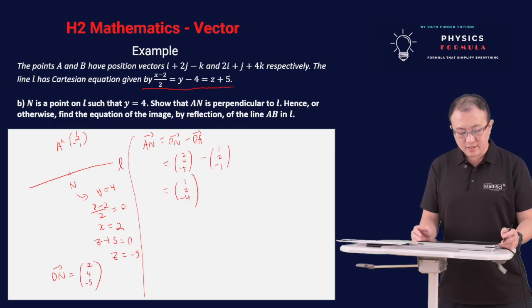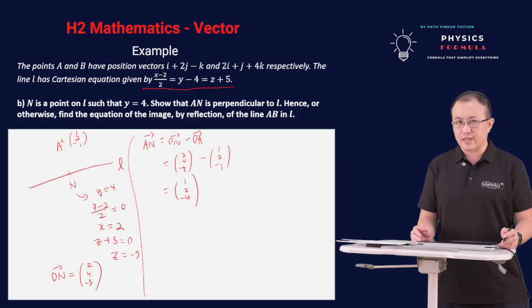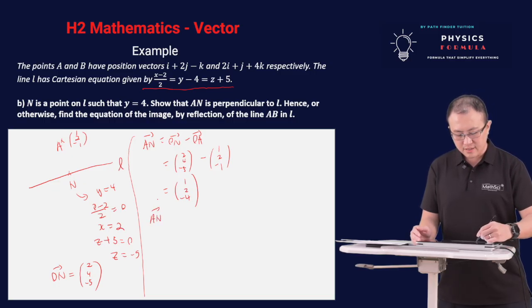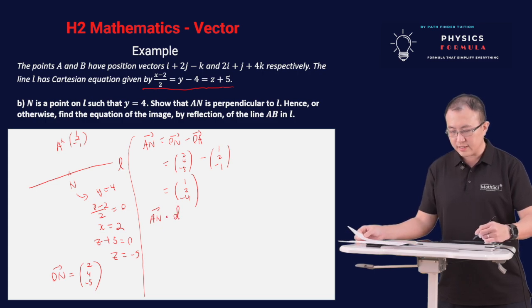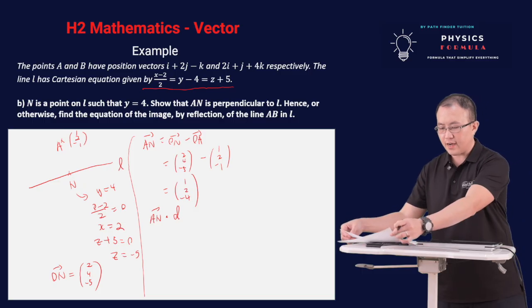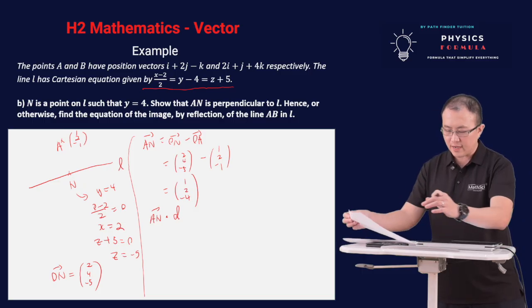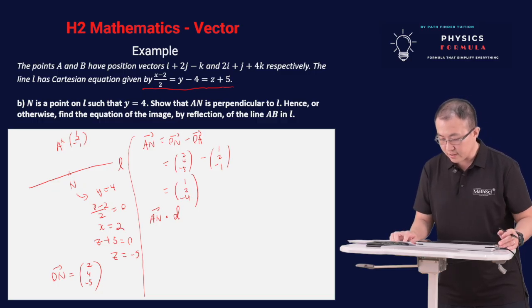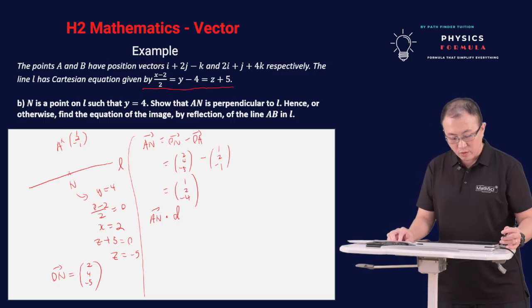And then after which we do a dot product. So let's do a dot product between AN and the directional vector of L. So let's call it D. The directional vector of L, as previously we have determined, is actually (2, 1, 1).